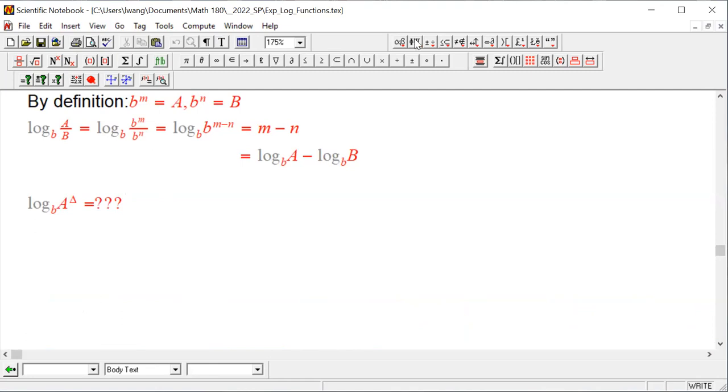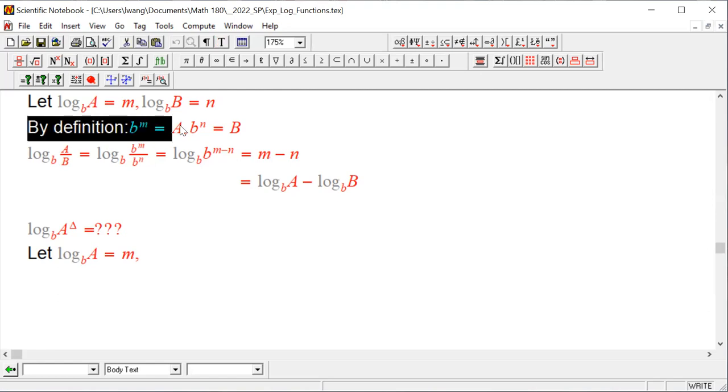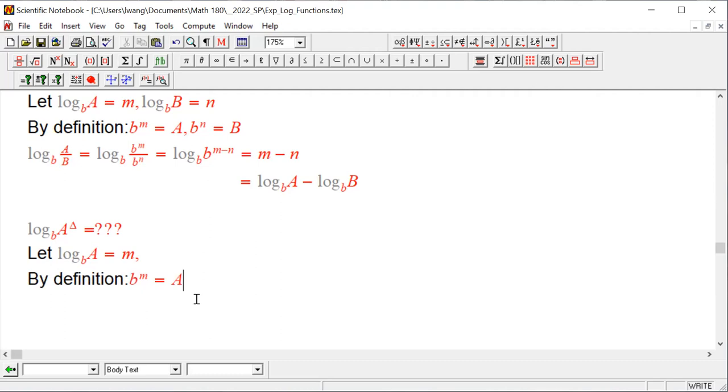This time we're going to make an assumption. Let log base B of capital A equal M. And by definition, we got this piece.